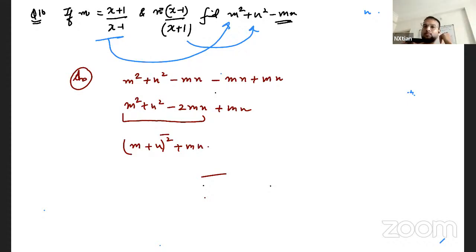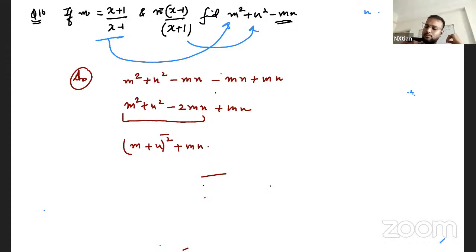Understood? How did the 2 come in? See, the minus mn was already there. I added a step, minus mn and plus mn. So minus mn will become minus 2mn. Now this becomes a property. I can solve through this also.